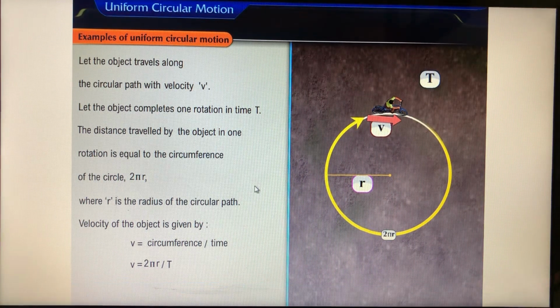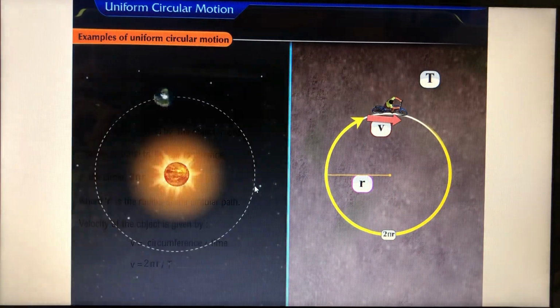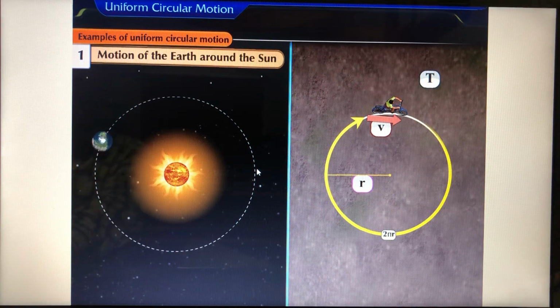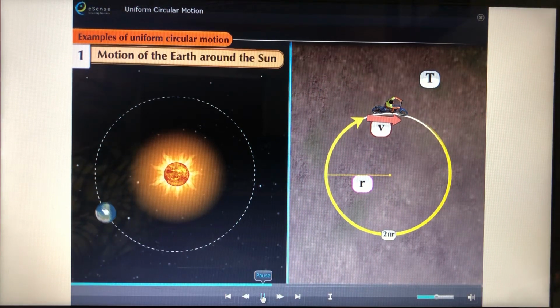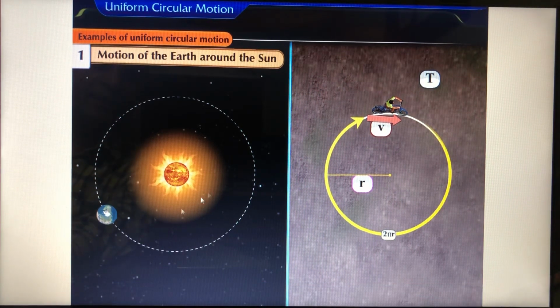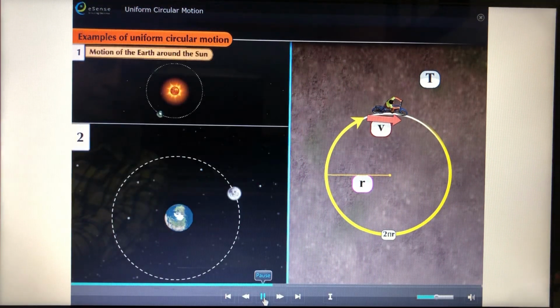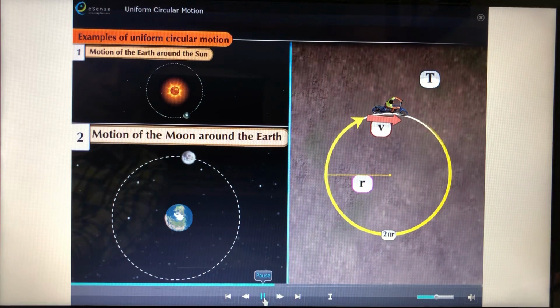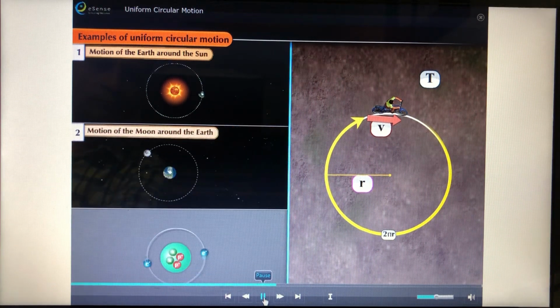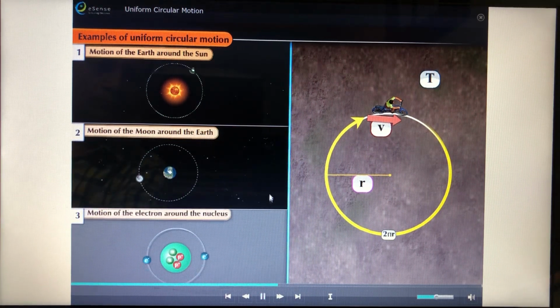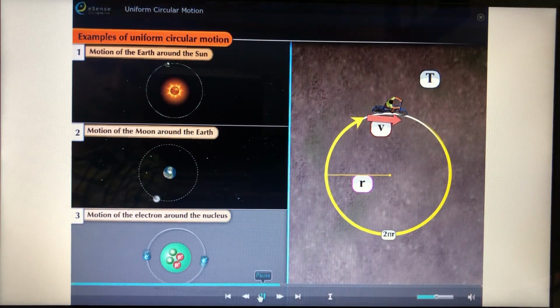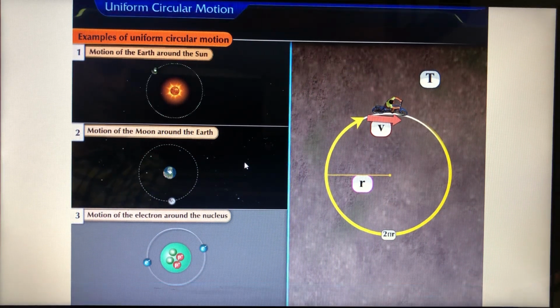Examples of uniform circular motions are: 1. Motion of the earth around the sun. 2. Motion of the moon around the earth. 3. Motion of the electron around the nucleus. These are the different examples of uniform circular motion.